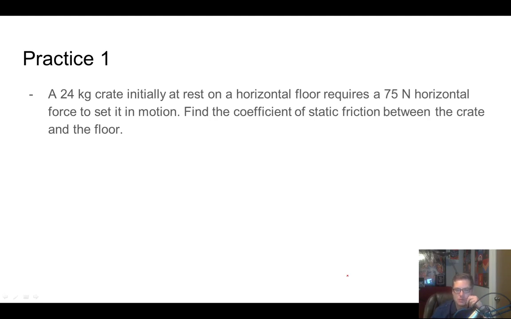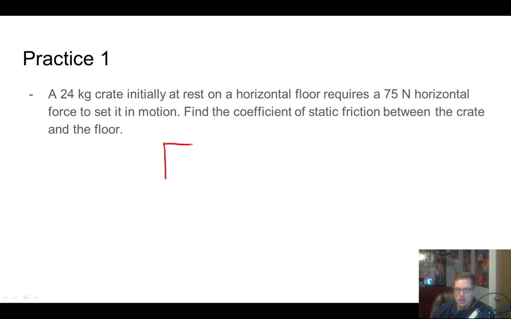A 24 kilogram crate initially at rest on a horizontal floor requires a 75 newton horizontal force to set it in motion. Find the coefficient of static friction between the crate and the floor. Let's draw ourselves a little picture here.